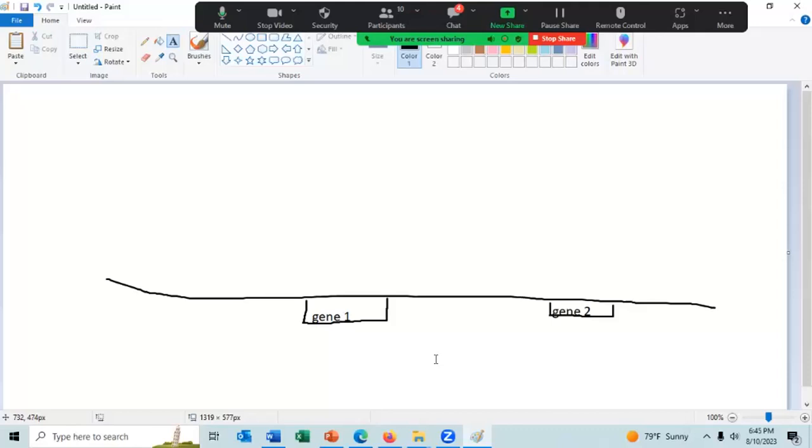And what does that non-coding DNA do? It's not entirely certain what all the non-coding DNA does. Obviously, it does hold the DNA together, but the non-coding DNA probably is important in the folding of the DNA to form the chromosomes.